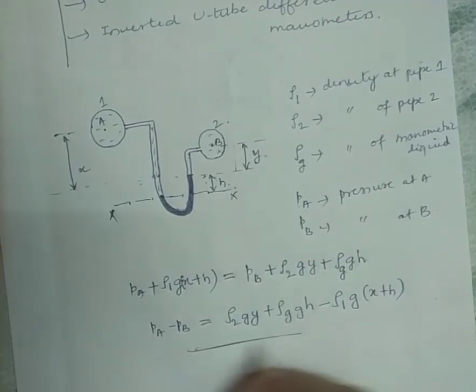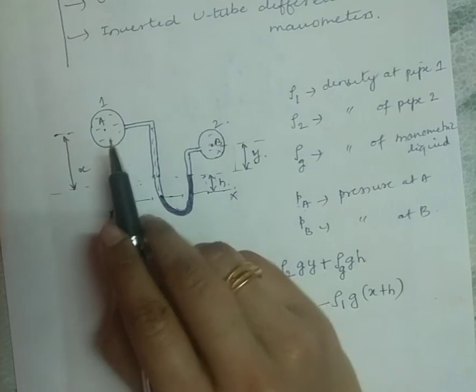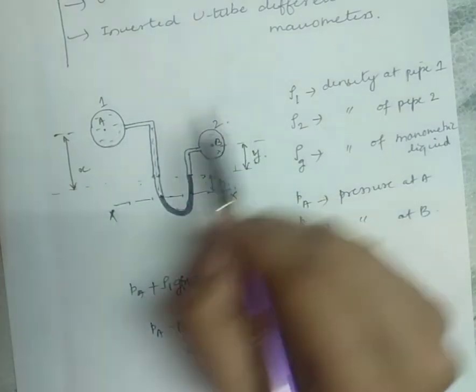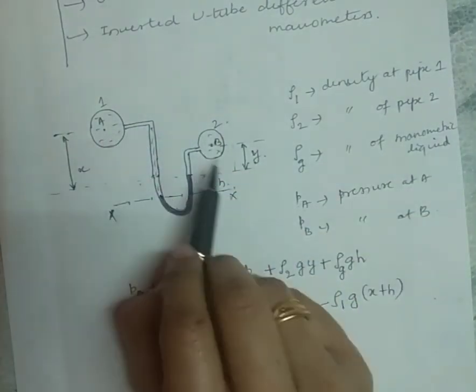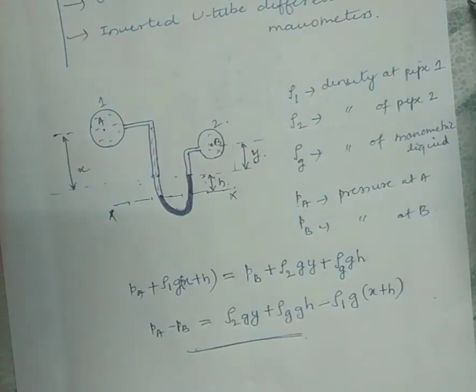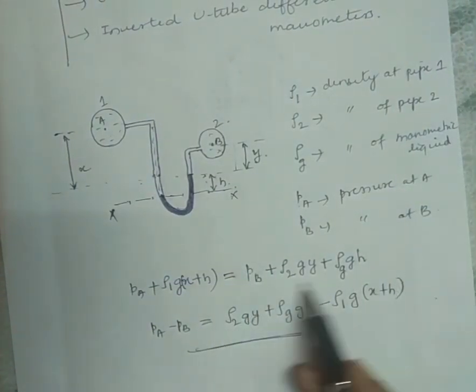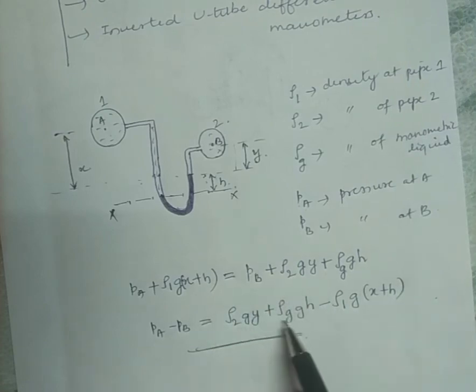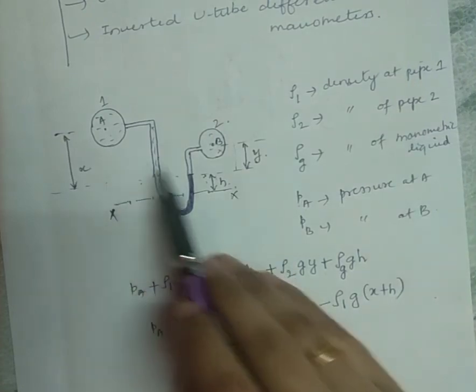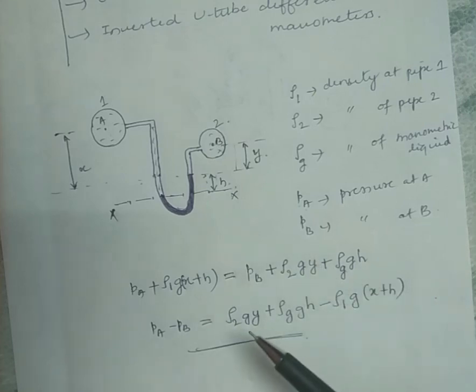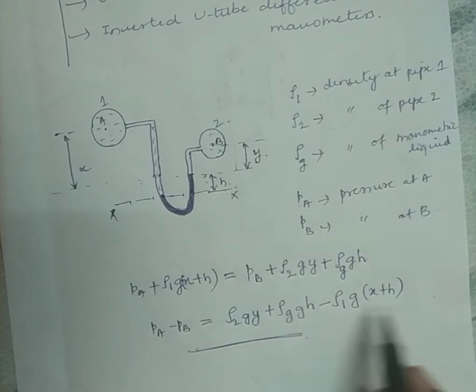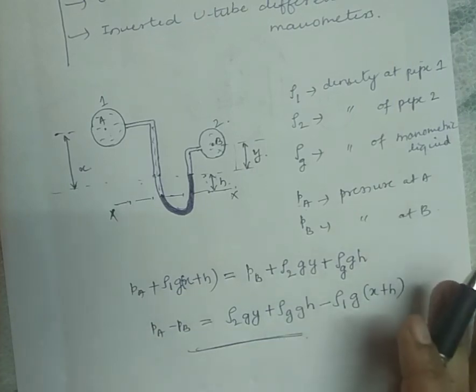So I got the difference in pressure between points A and B. All these quantities are known quantities, the densities and the liquid column heights, which you can measure. So PA minus PB you can find out using this equation. I hope this is clear to you.